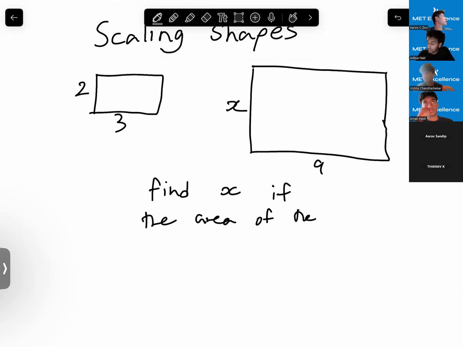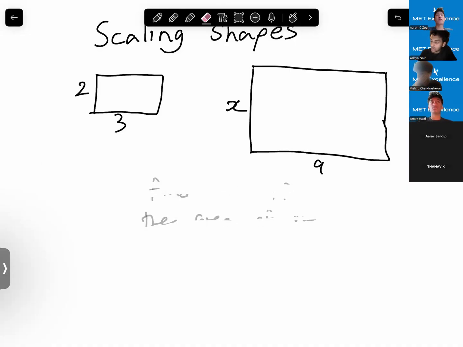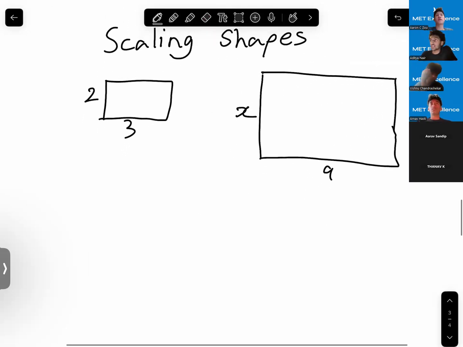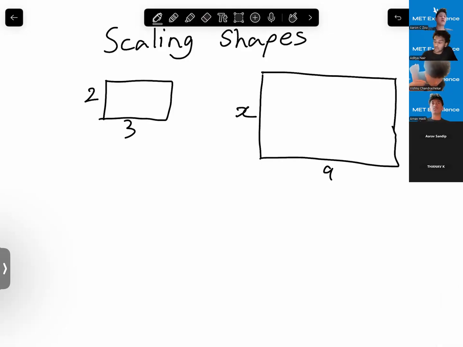Yeah, because this is going to be scaled by 3. I was trying to think of if they would ask a question with the areas included, but I don't think they usually do. But just know that if they give you two shapes and they call them similar, that's when they have the same ratios of each thing.